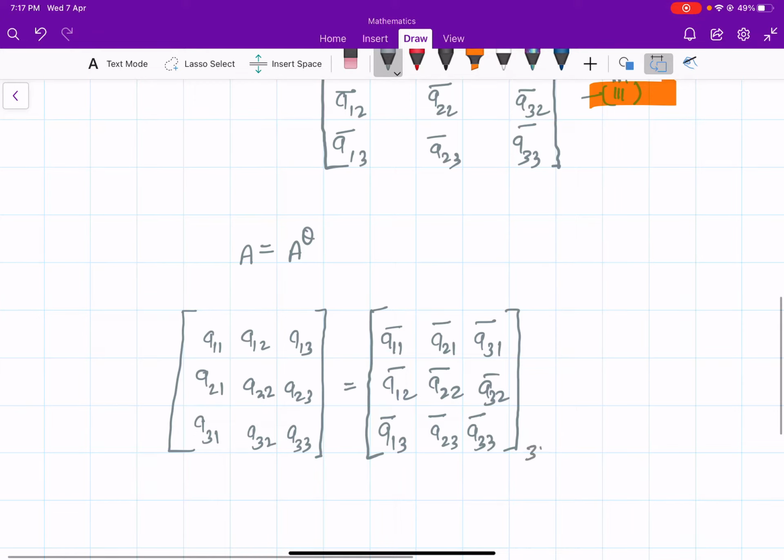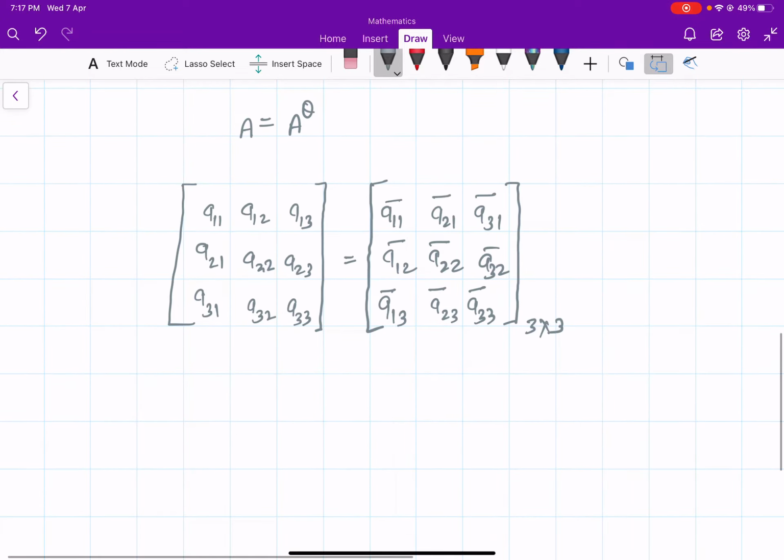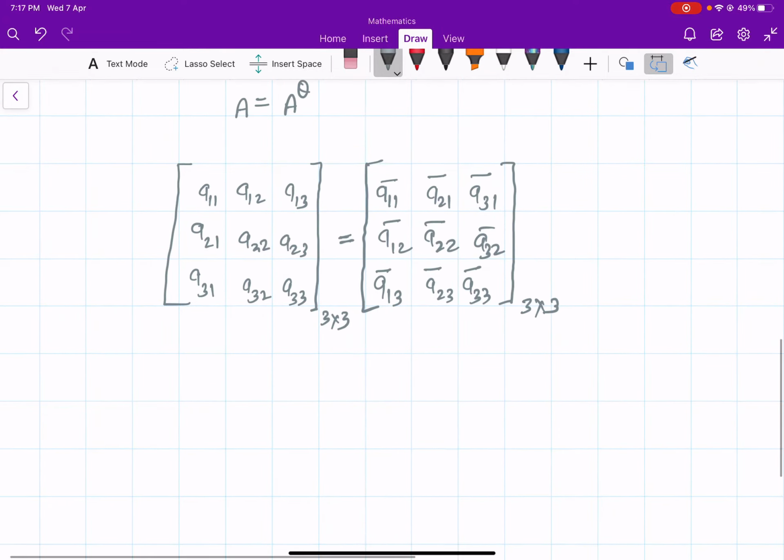This is a matrix of order 3 cross 3, and both the matrices are equal. So the order will be the same and each element will be the same.